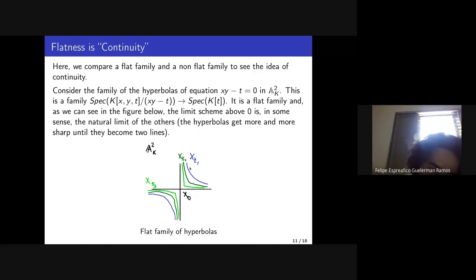So we have this natural limit of the hyperbolas. Of course, everyone knows that when we get sharper and sharper hyperbolas, they get closer to a pair of lines. So this makes sense. This is a continuous limit.